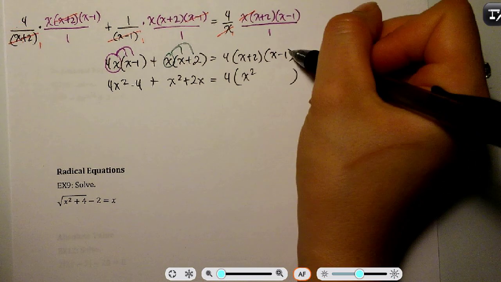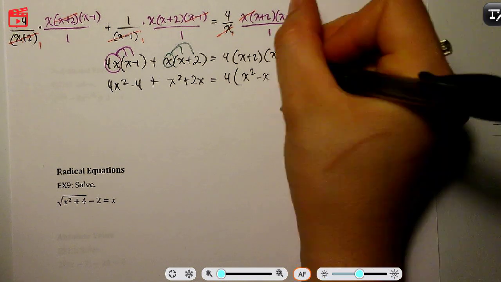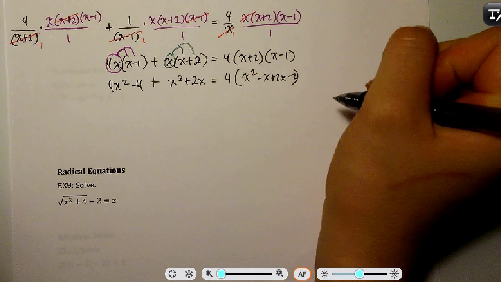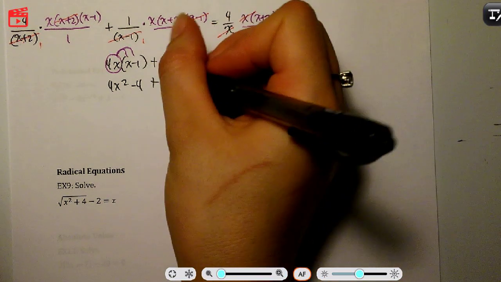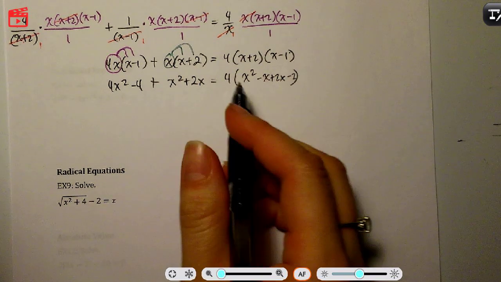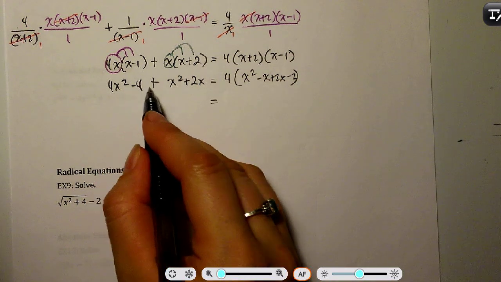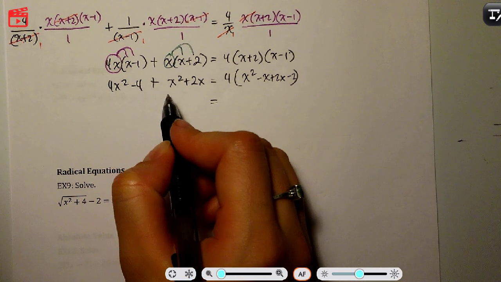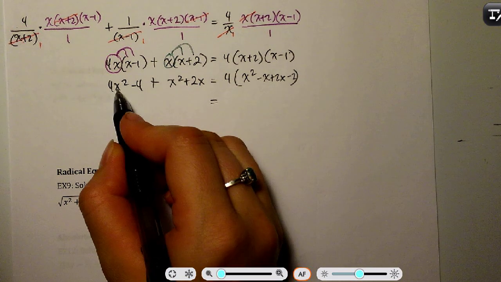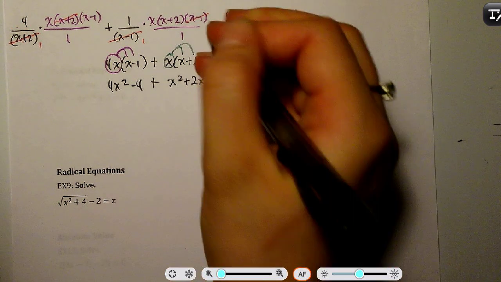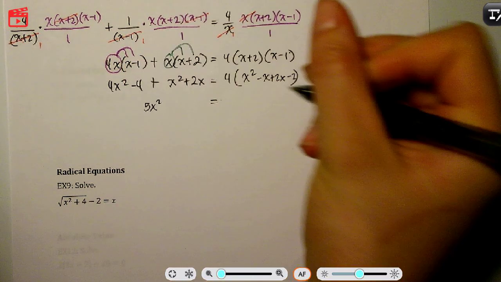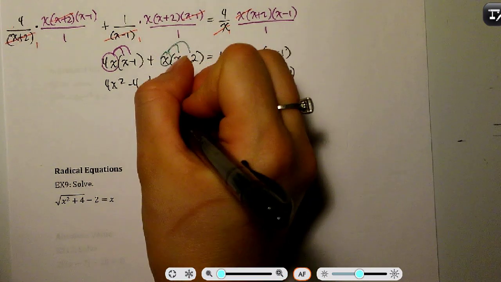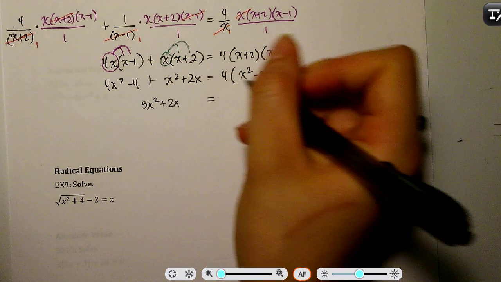So first outside, minus x inside, plus 2x, and last, minus 2. Okay, in the next line, let's simplify this side. Combining like terms, 4x squared plus x squared is going to be 5x squared. And then there are no x terms except for the 2x, so we'll just write 2x, and then minus 4.